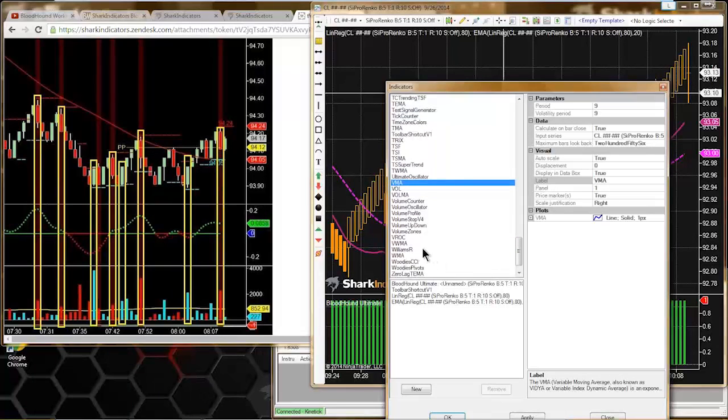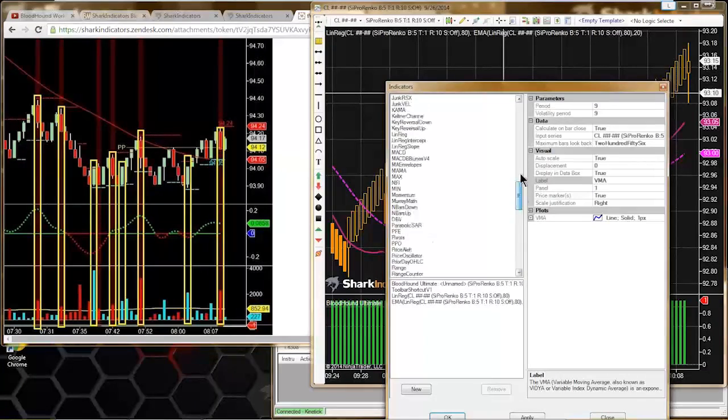And let's see, on that chart, there he's using a colored volume, and I'm trying to remember the name of that indicator.